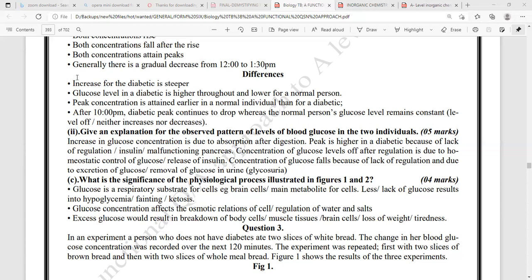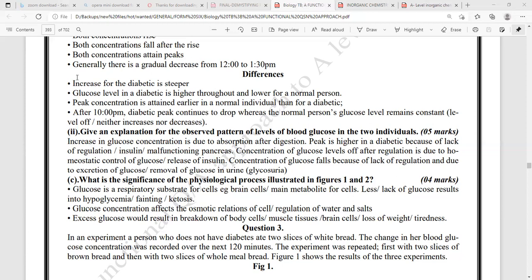So there is no continuous conversion of glucose. That is why it levels off back to norm. But the other one continues to fall because all the glucose is moving out in urine rather than being controlled by hormones.